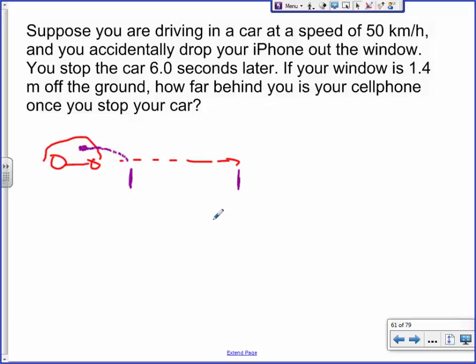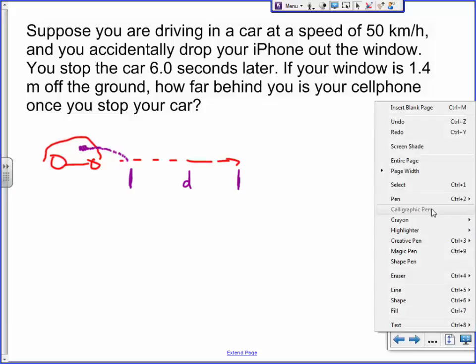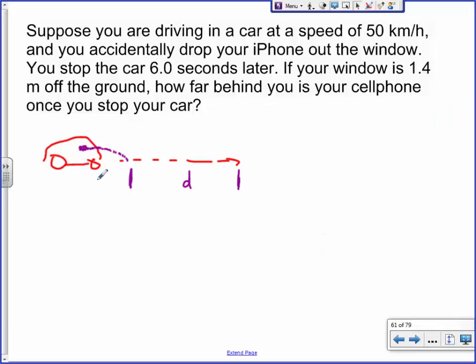This is a complex problem, eh? First you just got to wrap your mind around it. Ultimately, yes, I'm looking for a distance right here. But how am I going to find that distance? I think we need to do two things. What we have to do is calculate, first, the distance the car is going to travel.